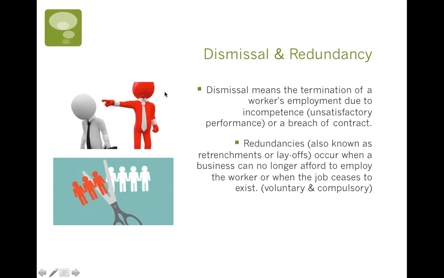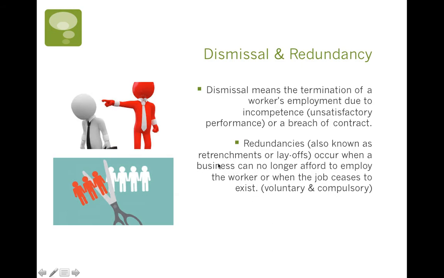In a dismissal, otherwise known as being fired or sacked, the company decides to terminate the worker's employment due to their incompetence, so an unsatisfactory performance or a breach of contract. This leads back into what I said before about appraisal. Appraisal gives the company the evidence, the ongoing evidence, used to, if necessary, make a dismissal happen.